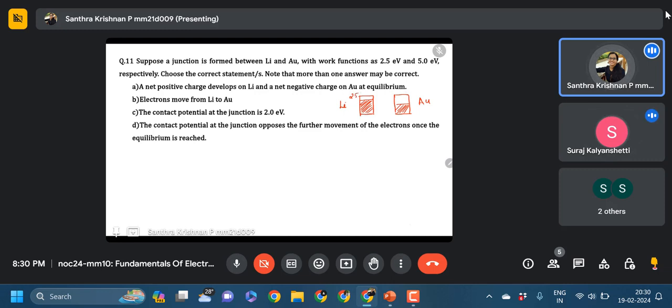This is 2.5 and this is 5. How do electrons move based on the field? Electrons move here, right?